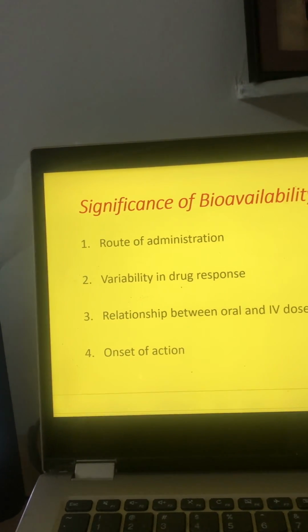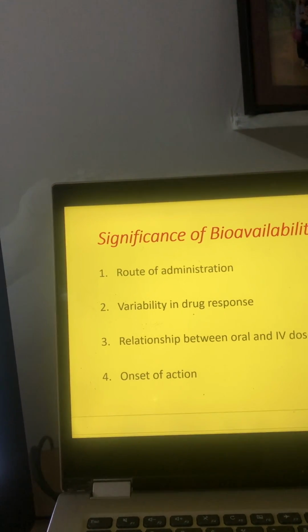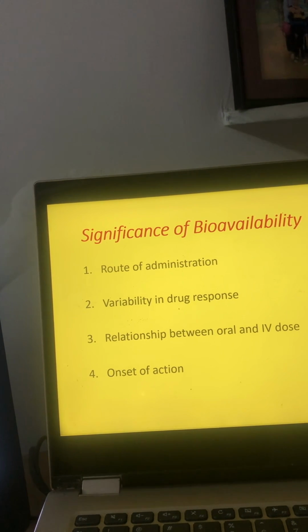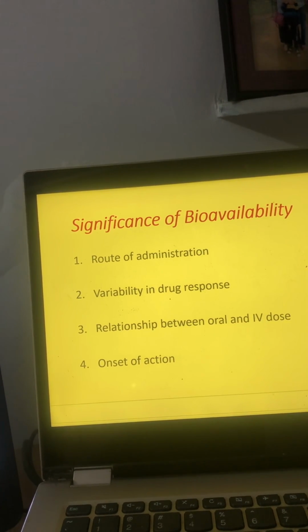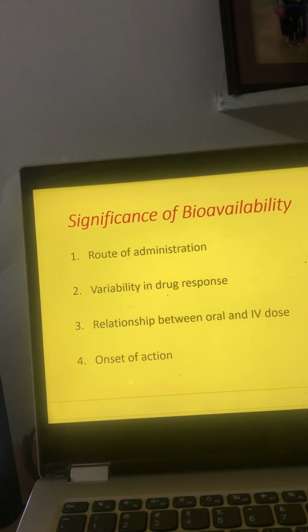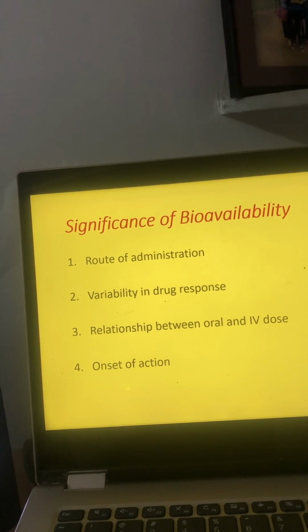Then, a small difference in first pass metabolism leads to large changes in bioavailability. If the oral bioavailability is 20%, then 5 times the IV dose has to be given to get similar plasma levels, for example propranolol. And onset of action: drugs with fast bioavailability are given in emergencies when a quick response is desired, for example IV antibiotics.